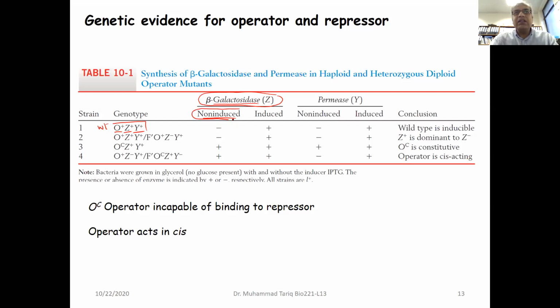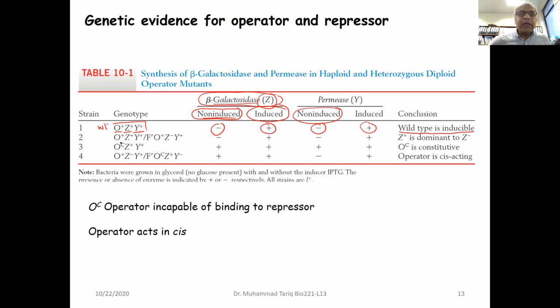Under the uninduced state, in the absence of lactose, lacZ is off. In the presence of lactose or IPTG, lacZ is on. In wild type, under uninduced conditions, lacY is off, and under induced conditions, lacY is on. And we call wild type inducible. That is what we knew already, that only under induction, or only after adding lactose, this operon gets active.